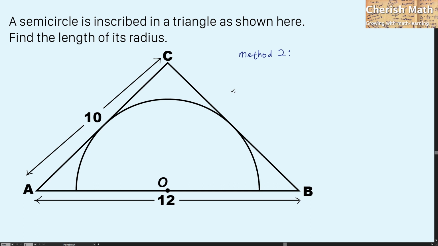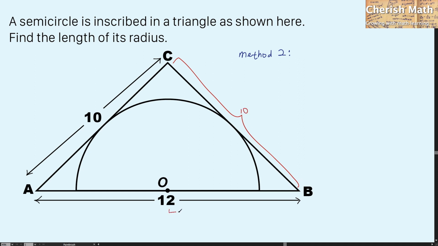Here comes the second method to solve the problem, using a different approach. Now, according to this triangle ABC, I know that this is an isosceles triangle, so the side BC is 10 units. I'm going to label 10 for BC.